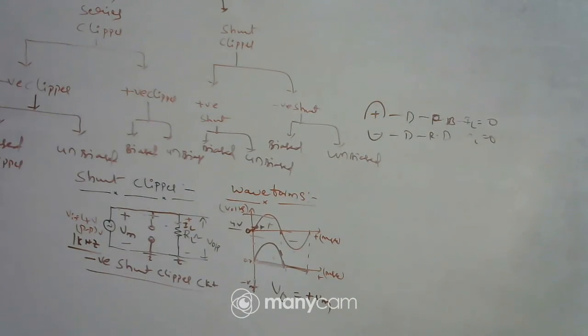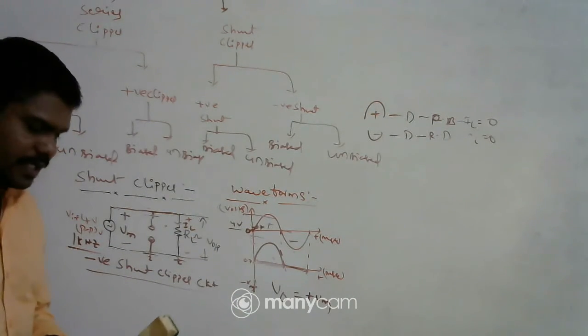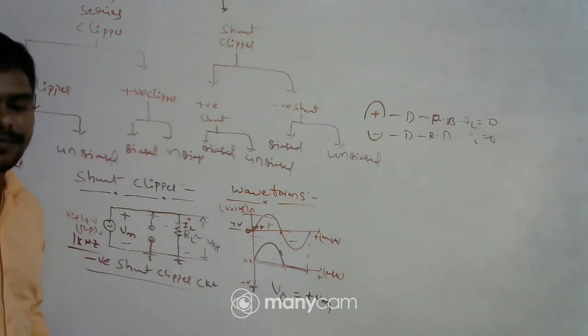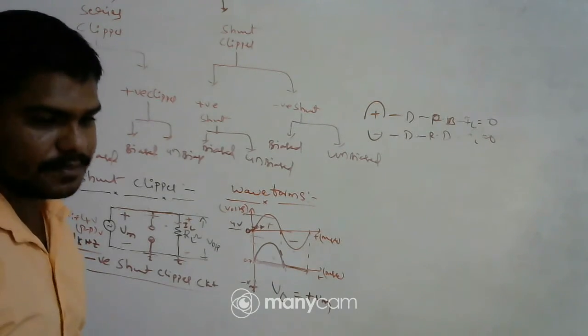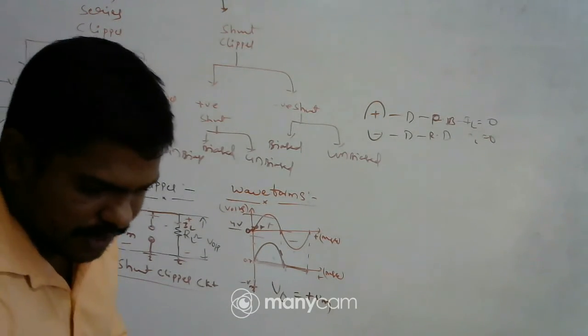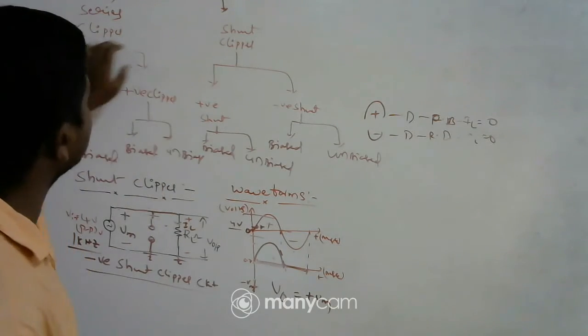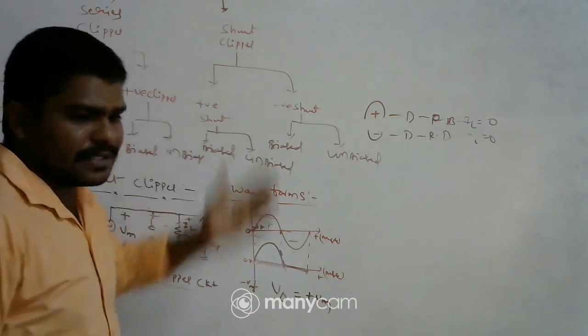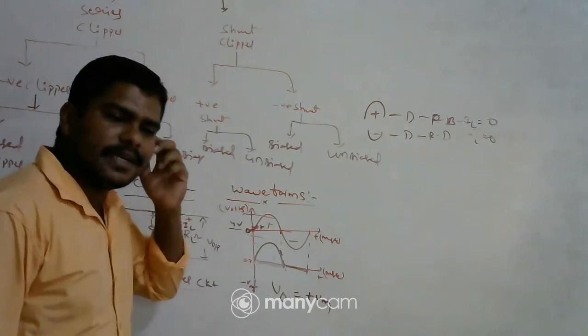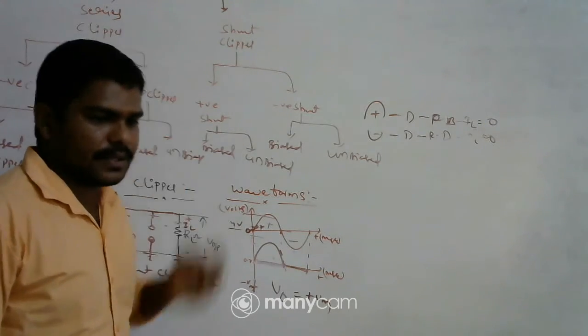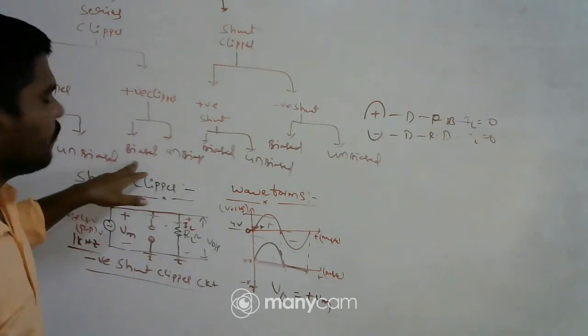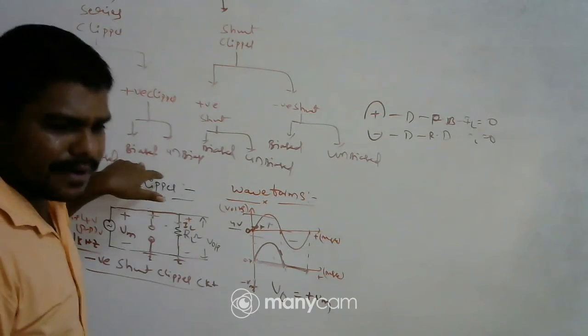So like this, we can remove part of the input signal at the output terminal. We are removing the complete part of the signal in both the cases, series and shunt unbiased circuits.